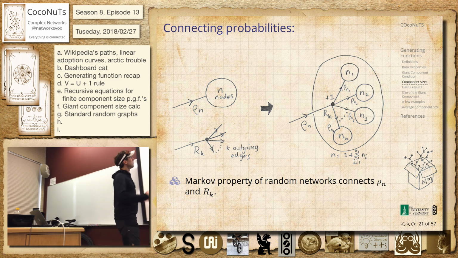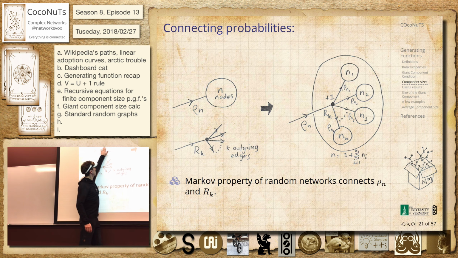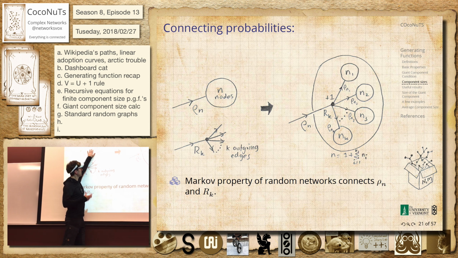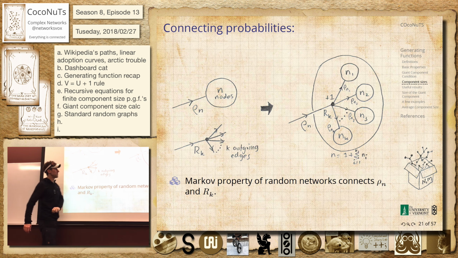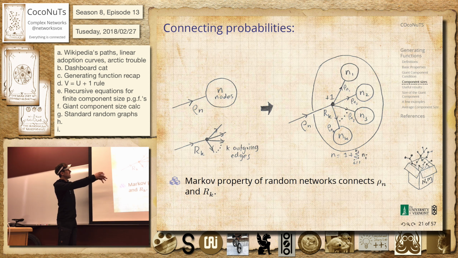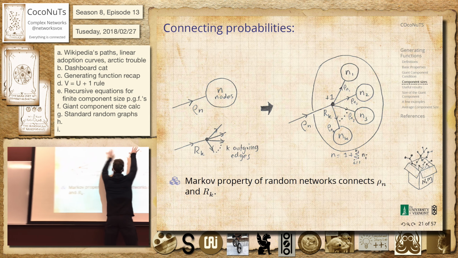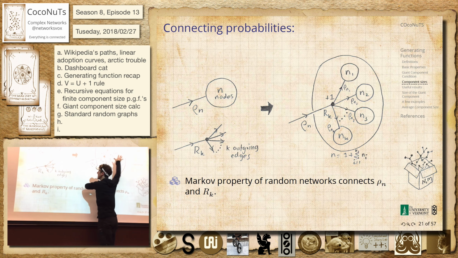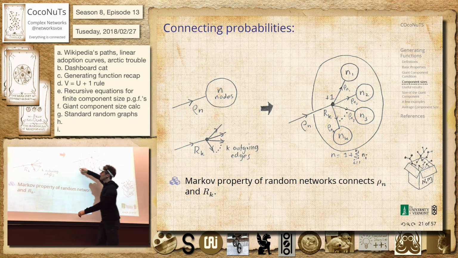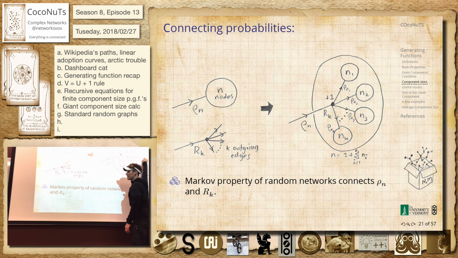We also have a recursion relation for R sub k, which is the probability that you hit a node and it has k other friends. Rho sub n is the piece we're looking for that's really key: we run along an edge and lead to a subcomponent of size n. This gets exploded, so we're expanding one step, looking at its insides a little bit. This circle here is this circle here.